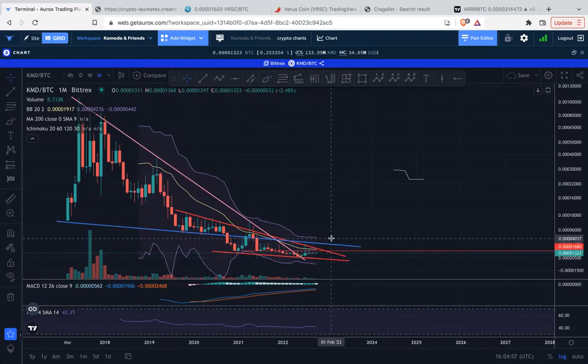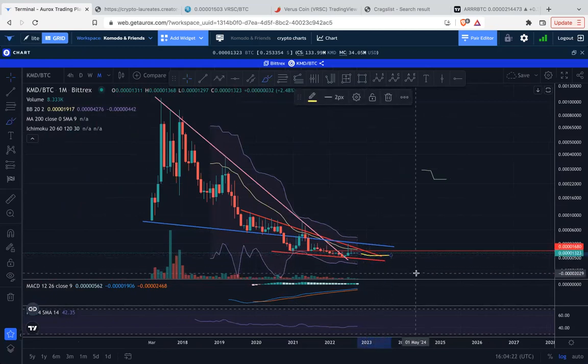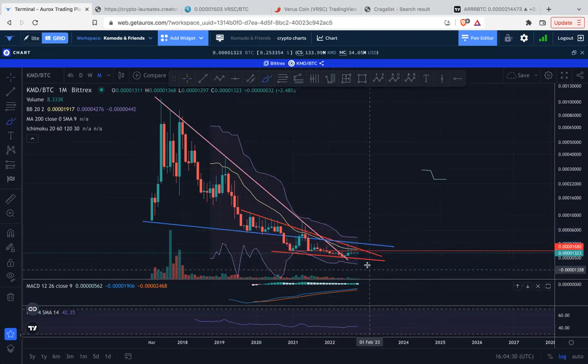I don't see why not. At the same time, it could just be small-bodied weakness, and the price could just fiddle itself, and who knows what happens after that. By this point, you're towards the end of 2023 and into 2024 here. So anyway, that's interesting for KMD.